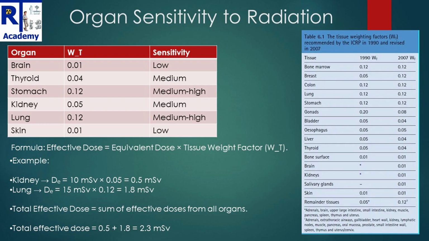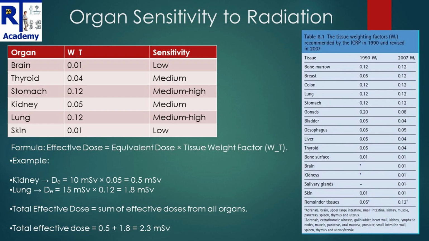Now we have something called total effective dose, which is the sum of the effective doses of all organs. Now in the table below, you will see tissue weighting factor WT examples for each organ. For example, referring to the table for tissue weighting factors WT, in kidney the equivalent dose is about 10 millisieverts. As a result, effective dose equals 10 x 0.05 equals 0.5 millisievert.